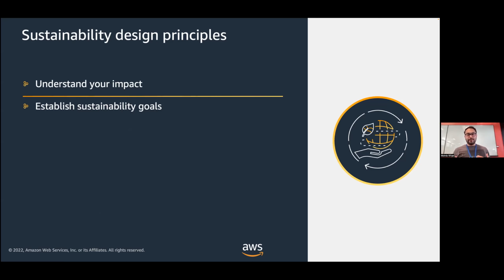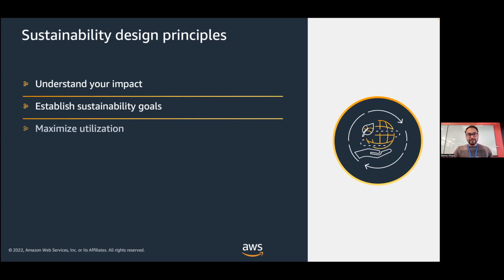So those are the ways where we need to optimize the resources for both compute and storage. So that's the idea of sustainability goals, which you have to establish organization-wise. This is not the technical part at the moment. This is more about the business process perspective.